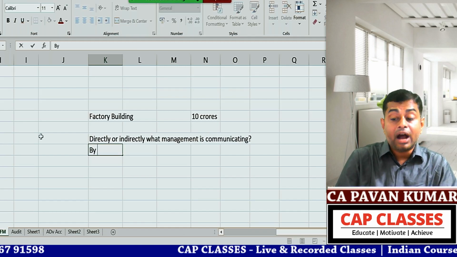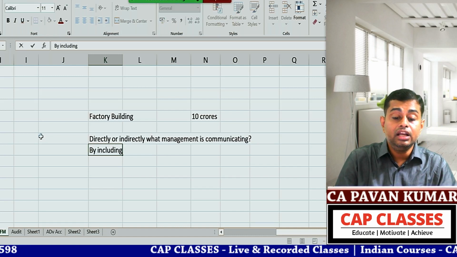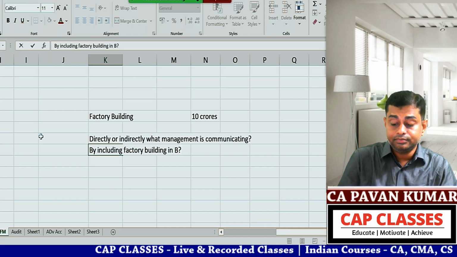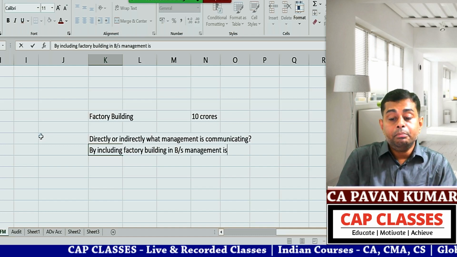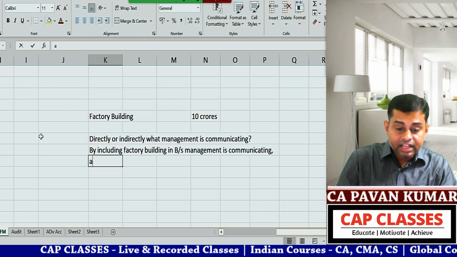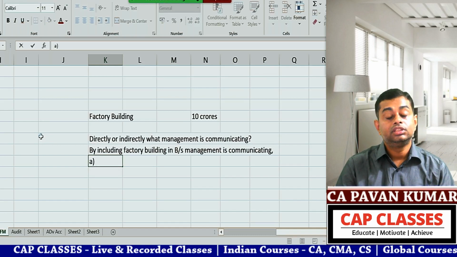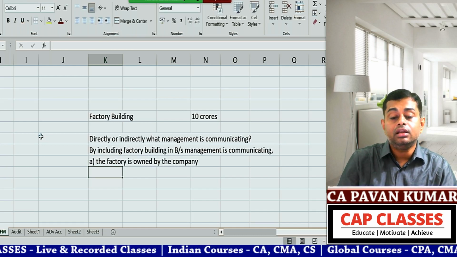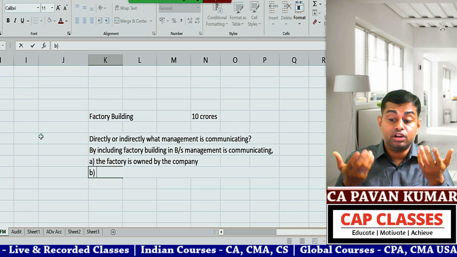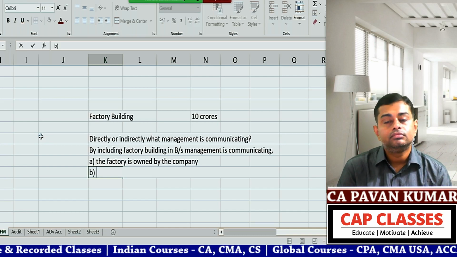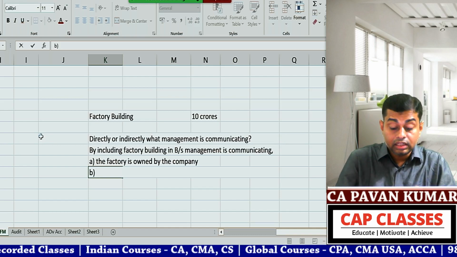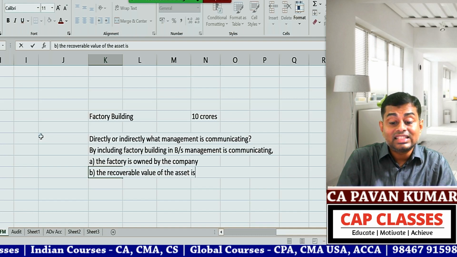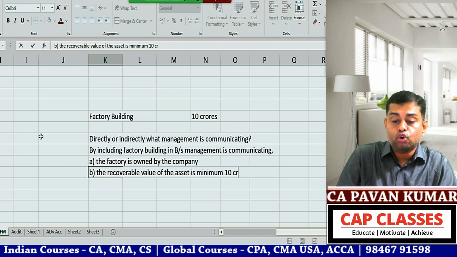Can I say that by including the factory building in the balance sheet, management is communicating A, the factory is owned by the company. Directly or indirectly, you are saying that I am the owner of this. B, the recoverable value of the asset is minimum 10 crores.